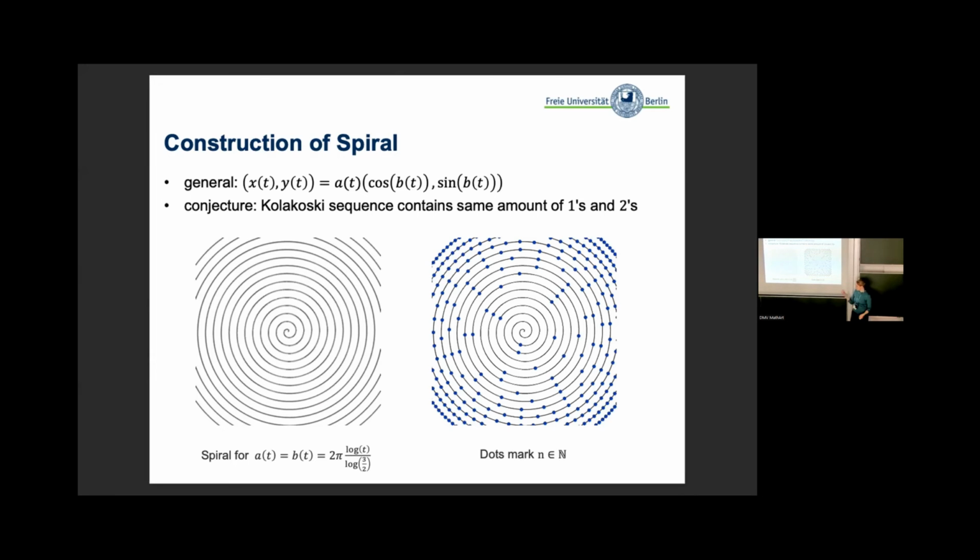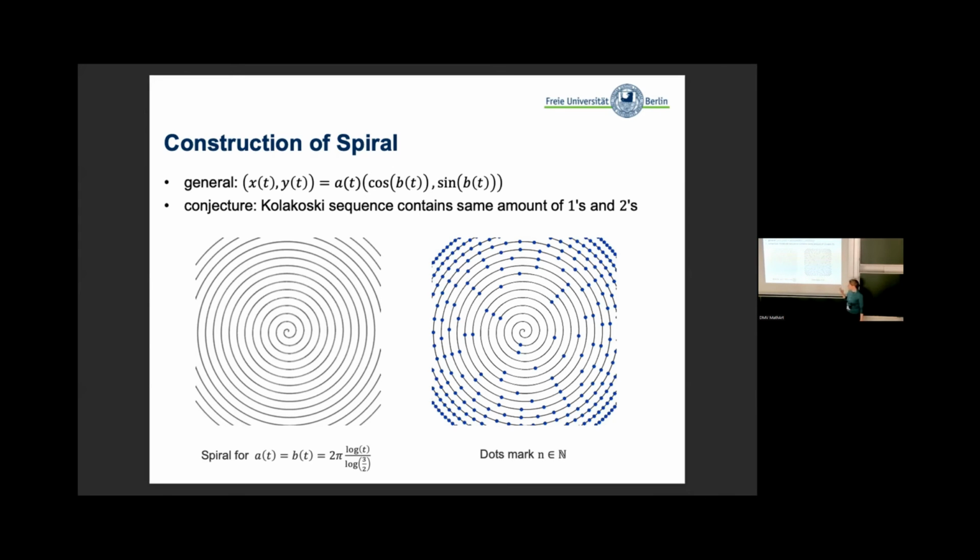And going back to the idea that a 1 is connected to 2 elements of the sequence and a 2 somehow to 3, and having that conjecture in mind, if we run once around, so we have the angle of 2 pi once completed, and compare the numbers of points on each of these runs on the spiral, we see that the number of points from one run to the next one grows with 1.5. So this somehow gives rise to this choice of 3/2 here.